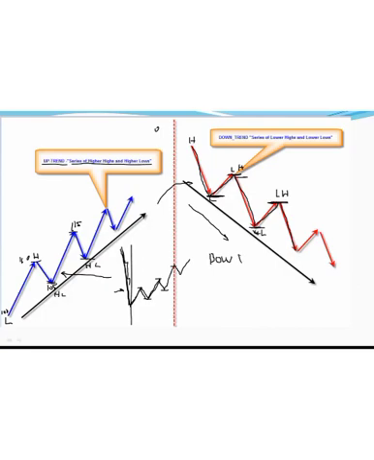Dow, and that's a D, not a P. Dow theory. Basically the Dow theory said that a series of higher highs, higher lows, and lower highs, lower lows establish a trend, and that the market should retrace a certain amount.